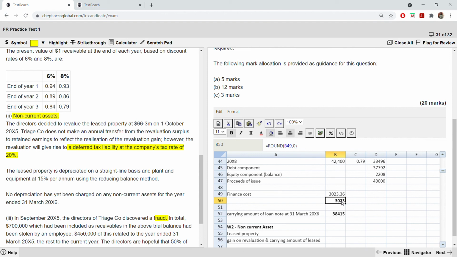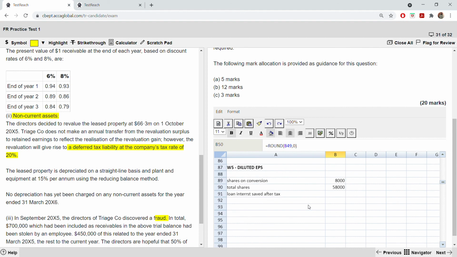So, 3023. After tax, if you deduct 20% tax, you'll be left with 80%. So 80% multiplied by 3023. This much you'll be saving after tax: 2418.4.